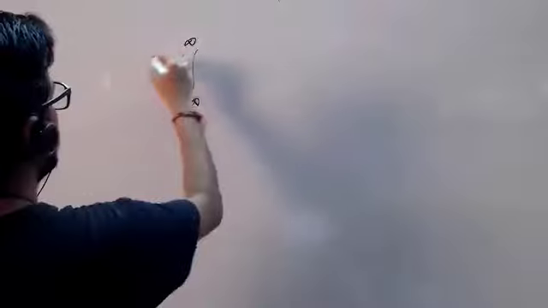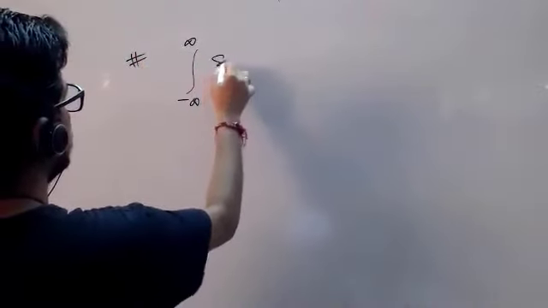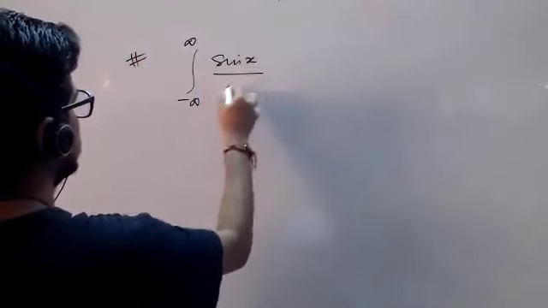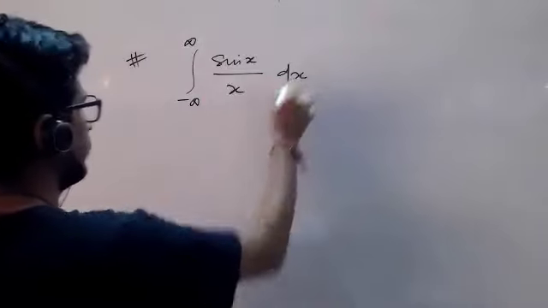So again, suppose the question is like this. We have to calculate the value of the integral from minus infinity to plus infinity of sine of x upon x dx.